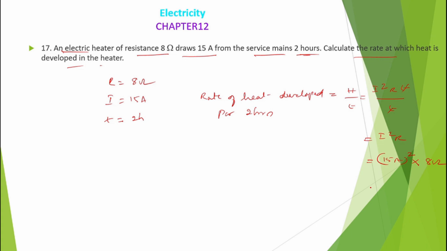So if you simplify this, you will get 225 into 8, which is equal to 1800 joules per second.